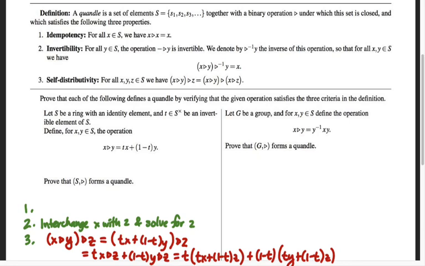So for example, when you're working out the first axiom, x triangle x equals x, what's x triangle x going to look like according to that template? tx plus (1 minus t) times x. And now you can see what's going to happen if you simplify that. x. So that's going to be the first way, and you've got some details to fill in on that one.